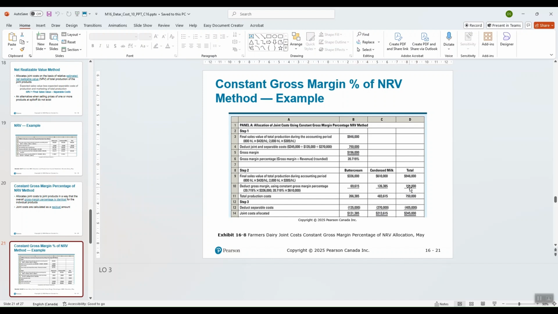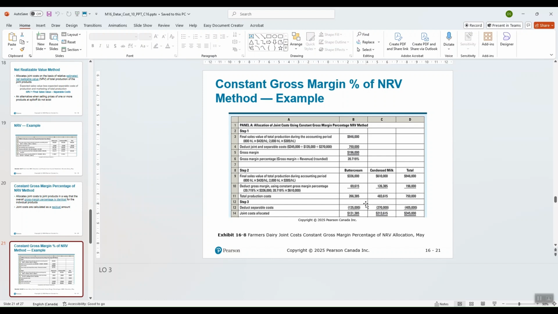We take the gross margin of 196 out from the sale. So from 336, we say, okay, well, the gross margin was 20.79, so we take 20.79% times 336. We take that margin out, and once we take that margin out, this shows your total production cost for buttercream, and this is the total production cost for the condensed milk.